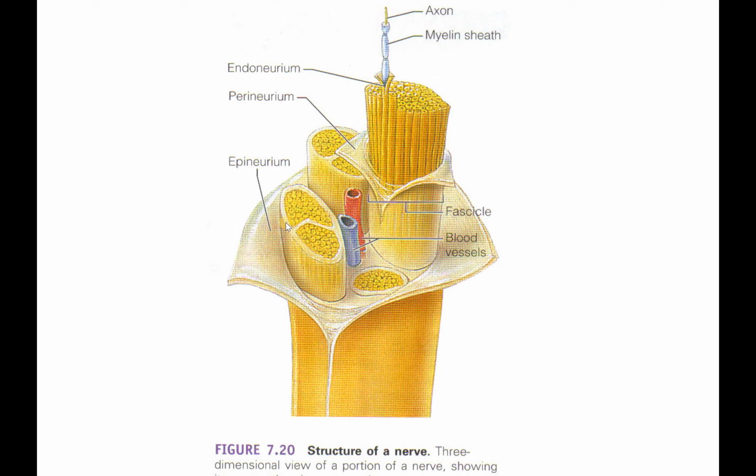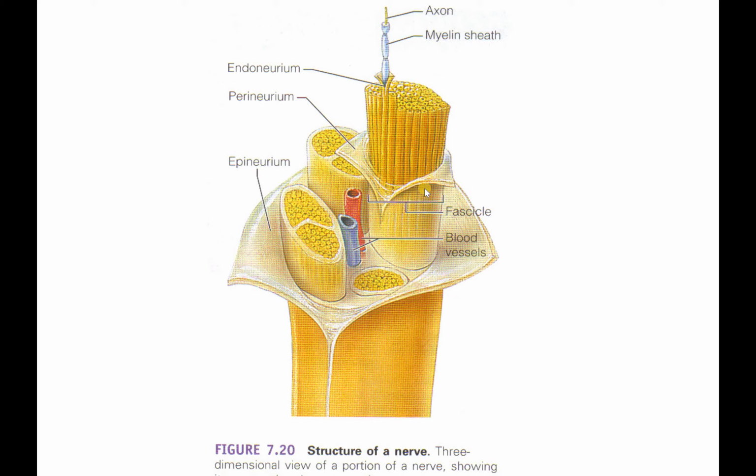Okay, with some neuroanatomy here, starting with the smallest inside component, we'll work our way out. We have the axon that is surrounded or covered by the myelin sheath. And then all of that is covered by the endoneurium. If you take enough endoneurium and put them together, you're going to wrap them in the perineurium.